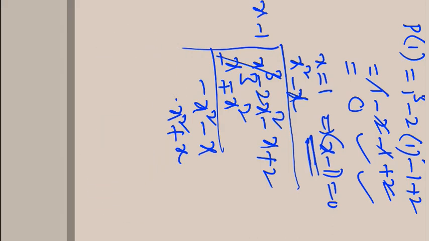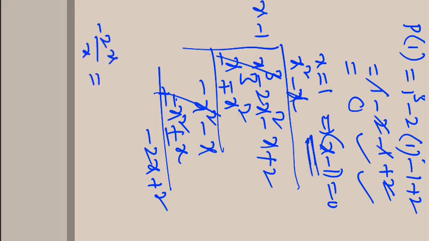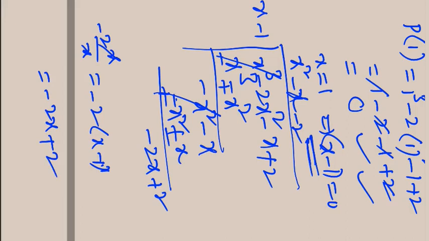After subtracting, these two cancel, and we get minus x minus x, that is minus 2x, and one more term is there, plus 2. So if I bring down plus 2, again minus 2x divided by x, x gets cancelled, gives minus 2. Write it here, then multiply with x minus 1, and we get minus 2x plus 2. We write it here, minus 2x plus 2.